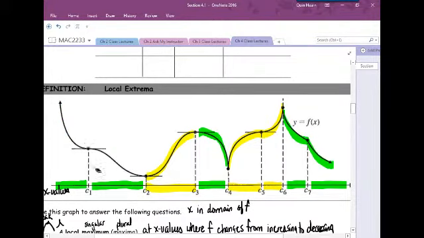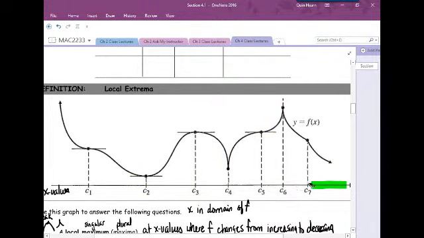And where do we see horizontal tangent lines? And where is referring to x values, so you're just going to say C1, C2, C3, C4, C5, C6, C7, whichever of those you see.